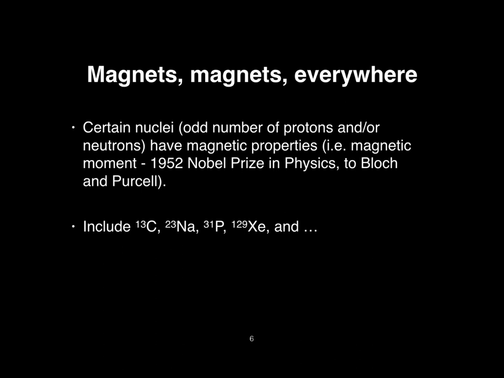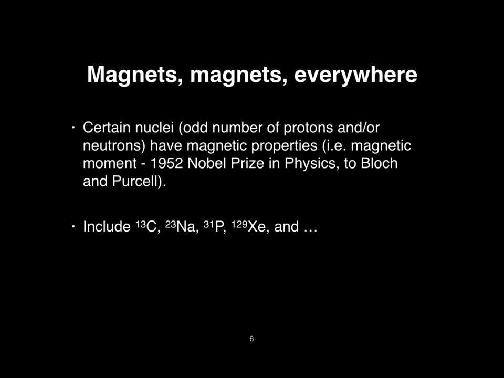And this was worth a Nobel Prize back in 1952. The common nuclei with this property include carbon-13, sodium-23, phosphorus-31, xenon-129. These are all imaged relatively routinely, but not so common.